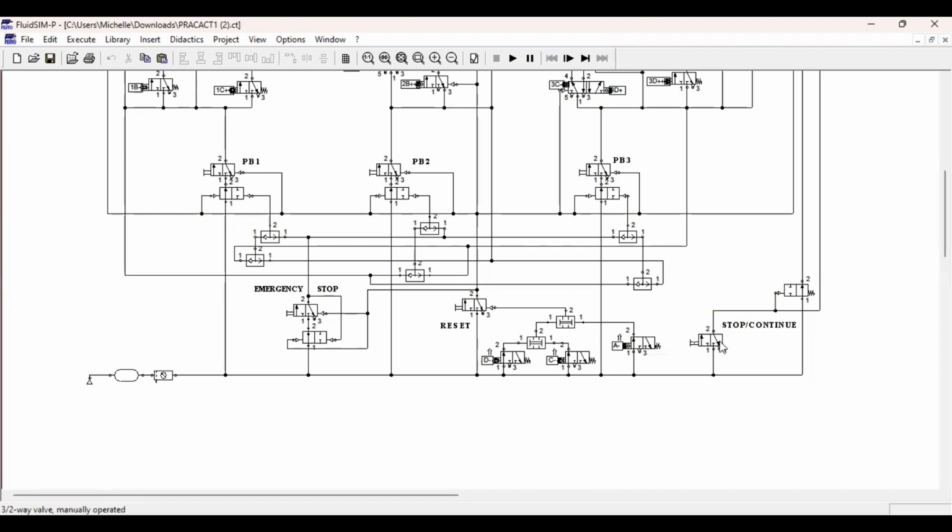But once na pinindot mo siya ulit, putol yung air, babalik tong two-way valve sa kanyang initial position and magtutuloy-tuloy na ulit yung daloy ng air. And that's it. That is how PB3, emergency stop, reset, stop and continue buttons work to the actuators A, B, C, and D.